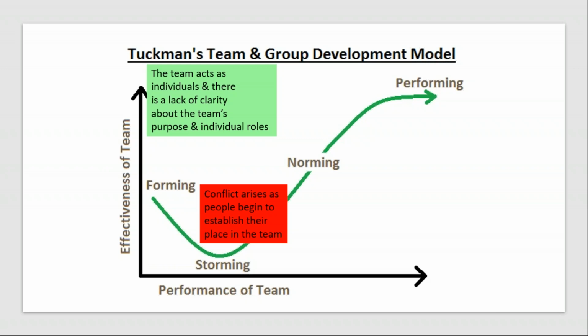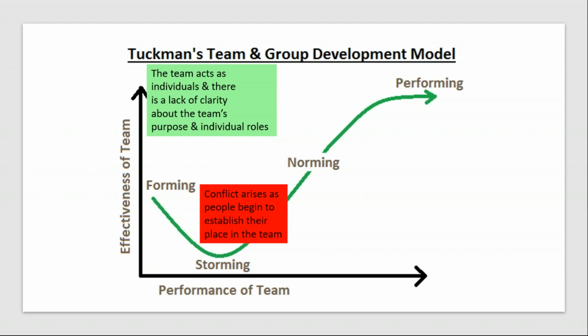And as a team leader, it's a difficult stage because the effectiveness of the team drops off because there's a little bit more interpersonal conflict. There's a little bit more of testing the water, and so forth. Now, I have seen this occur: if a leader doesn't show some strong leadership in stage 2, that's the storming stage, then the team stays in that stage for a long period of time.